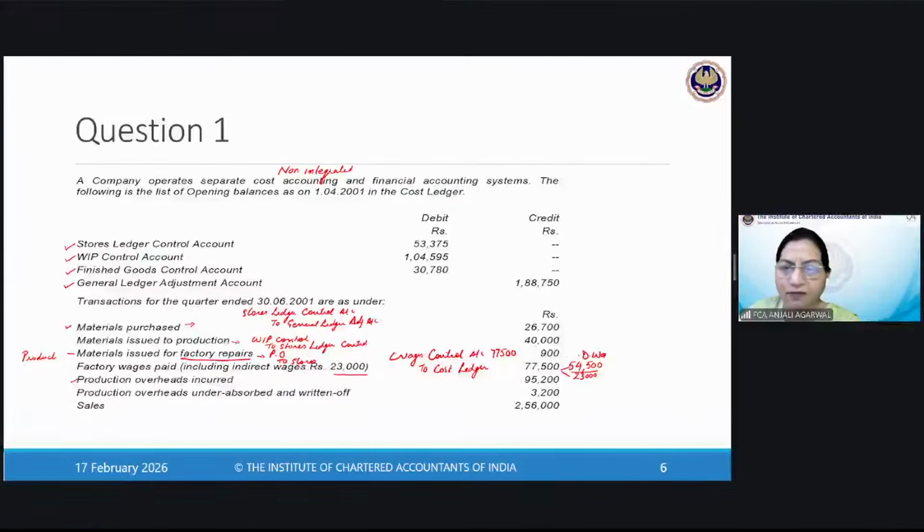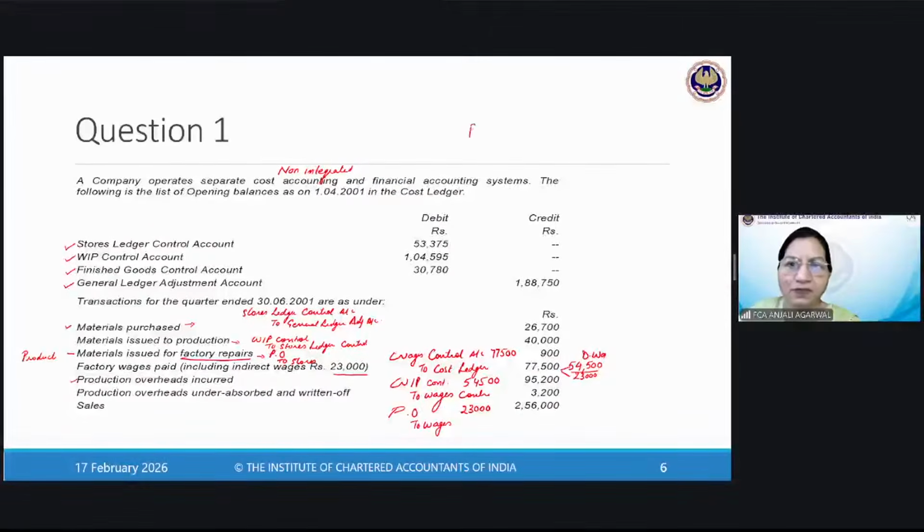Out of this, whatever the direct wages are, they will move to work in progress control account, 54,500, and indirect wages is production overheads again. So production overheads to wages control account is 23,000.